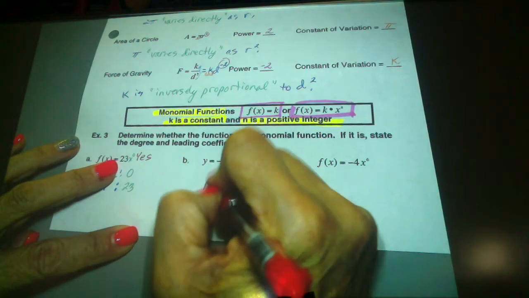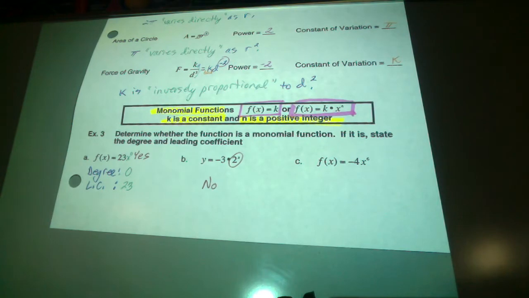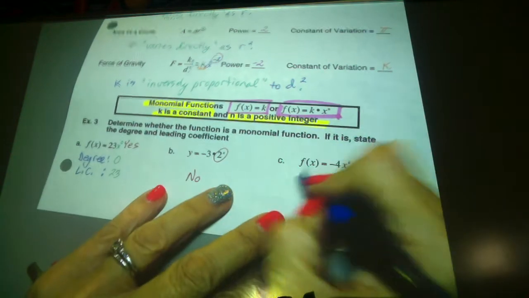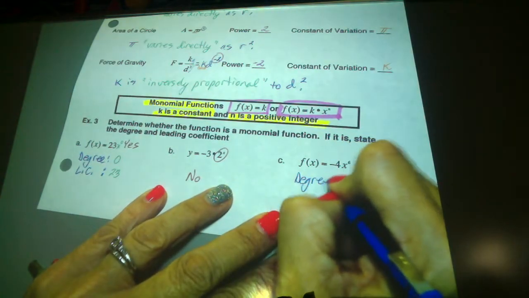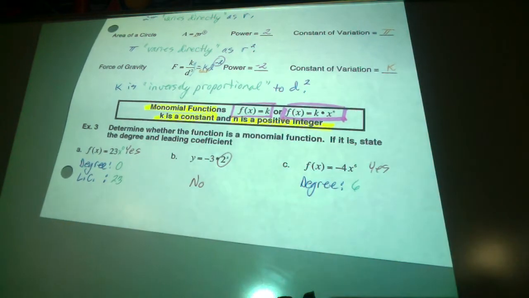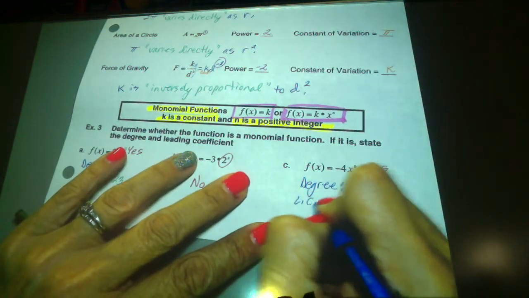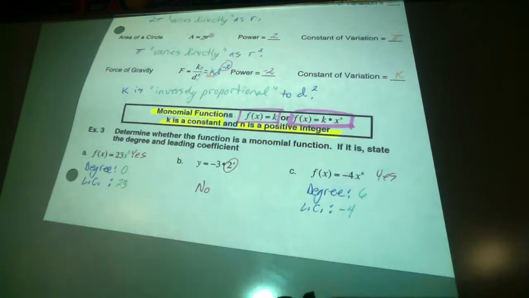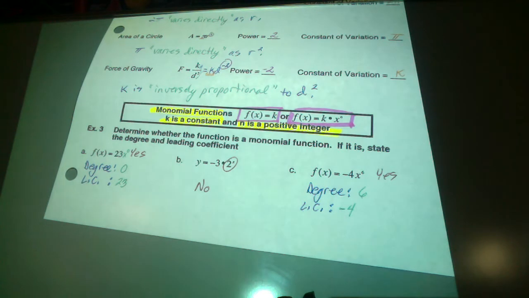So this is no. What about C? Yes. What is the degree? 6 is correct. And the leading coefficient? -4 is correct. So, questions on that before we start to analyze graphs? Yes?